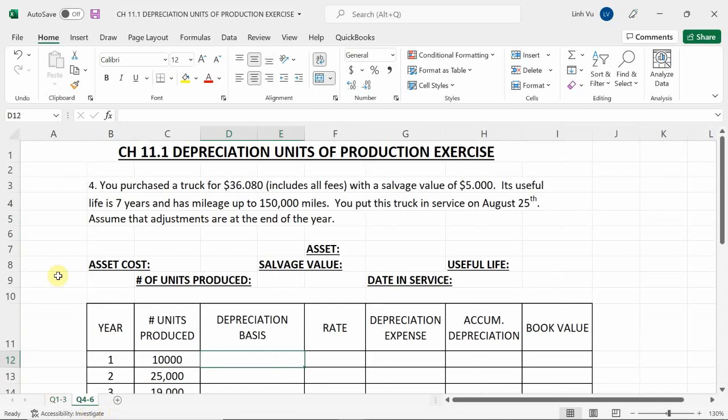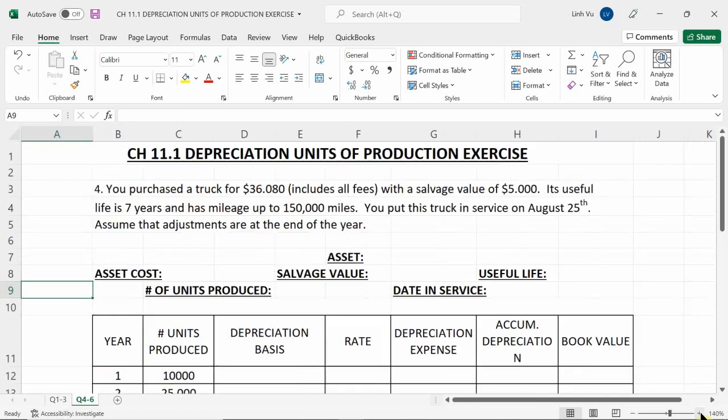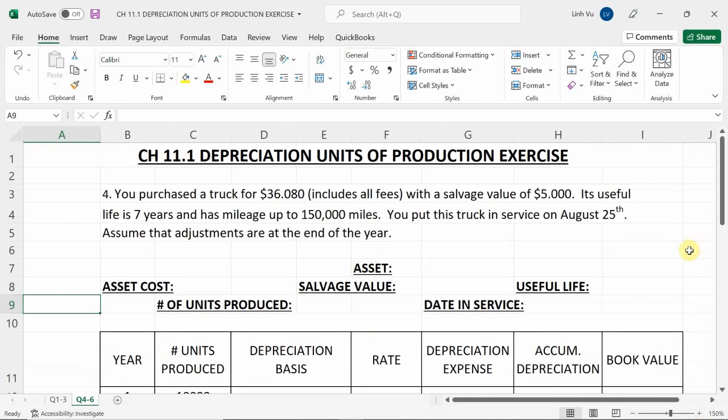Questions 4 through 6. So you're going to do another example of depreciation here. But this time, number 4, you purchased a truck for $36,080, which includes all fees, with a salvage value of $5,000.